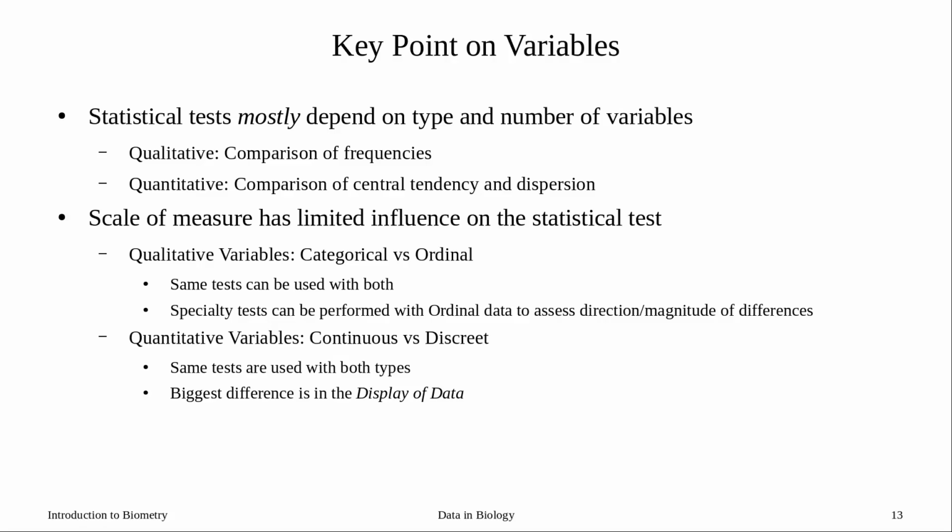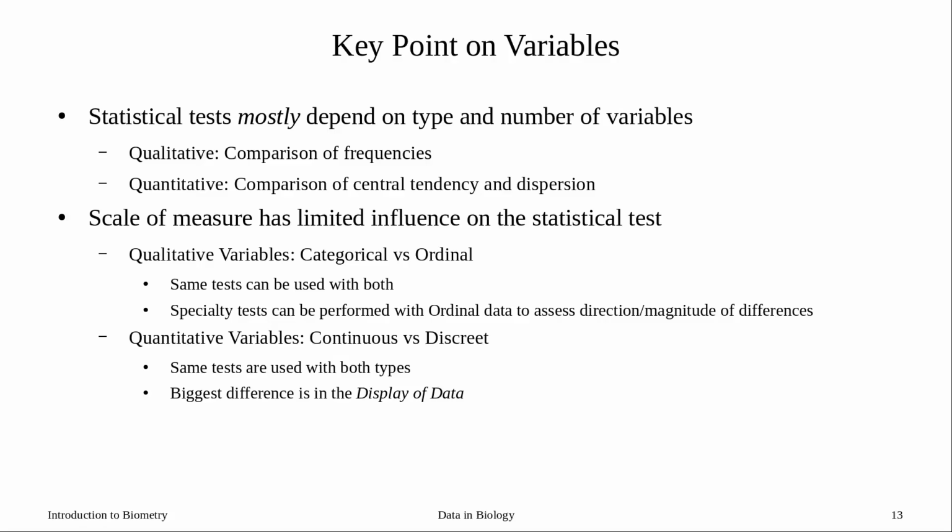But if you do have an ordinal variable, there are some extra tests that are available. And those tests do assess magnitude and direction. So are certain values higher than other values? Do certain restaurants have a higher score than other restaurants, and so forth? With the quantitative variables, we're going to use the same test for both types.